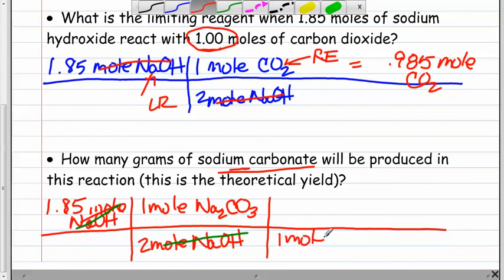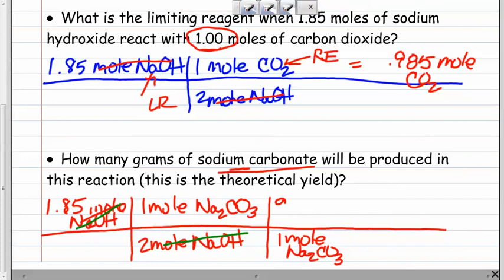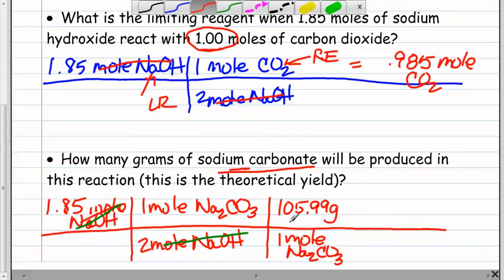For every 1 mole of sodium carbonate, if you go to your periodic table and calculate the molar mass, you should find that there are 105.99 grams of sodium carbonate.